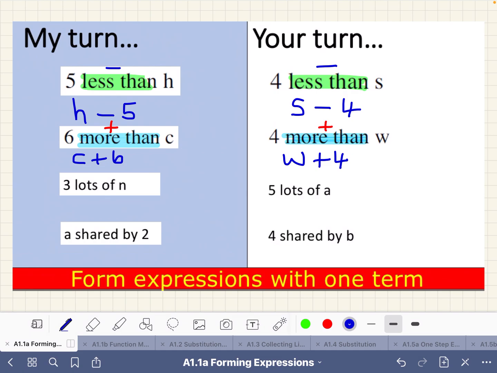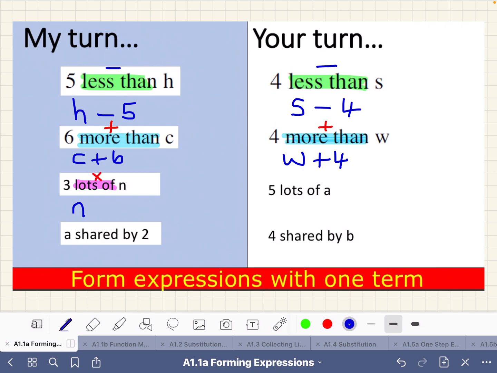My turn. 3 lots of N. I start with N. The word lots of suggests I am multiplying by 3.